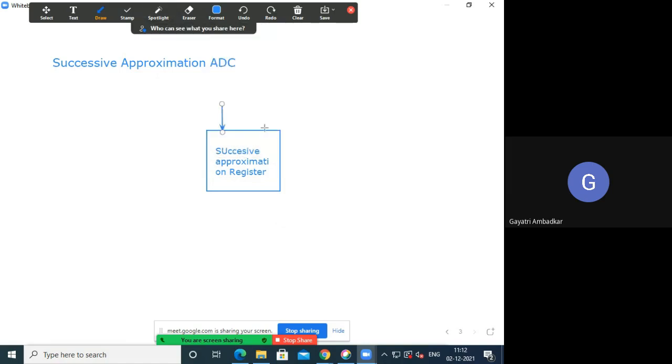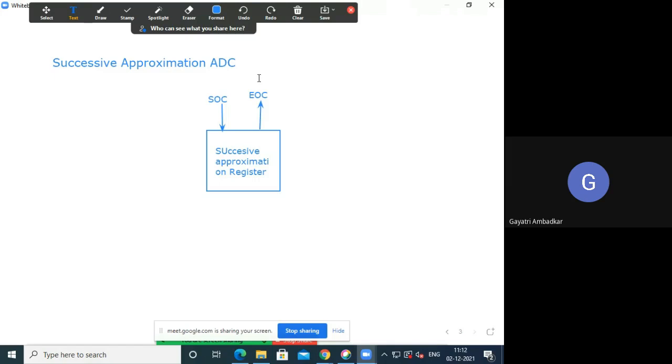One is start of conversion, another is end of conversion. It starts working after it receives a signal called SOC. SOC means start of conversion. And it stops working when the output becomes high at the pin called end of conversion, EOC. It receives SOC, then it starts working. And when the working is over, it gives the end of conversion signal.